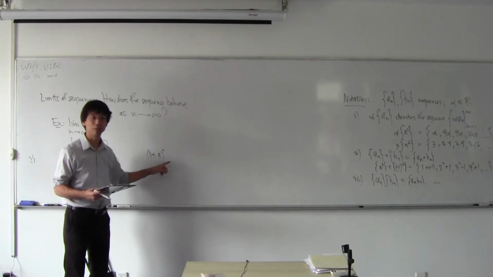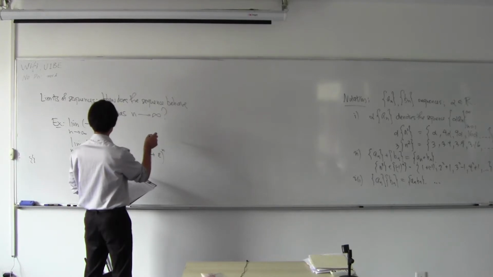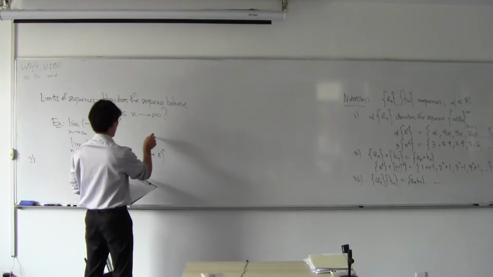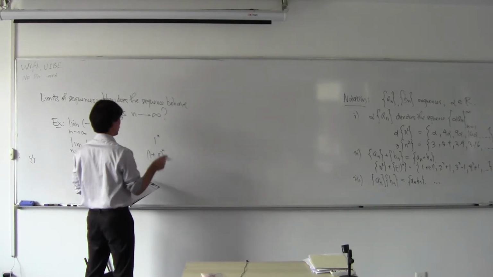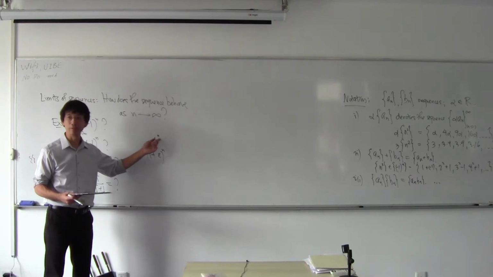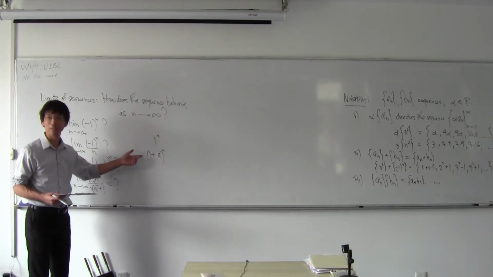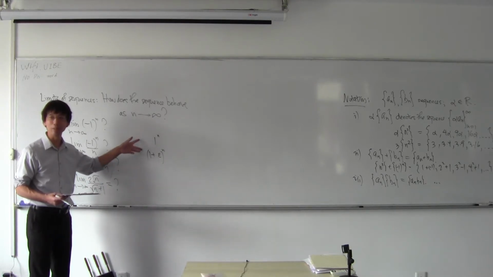You get infinity. Suppose I take, however, 1 and raise it to any power, and I let n go to infinity. Now you get 1. So the answer might be 1, or it might be infinity, depending on what happens here.